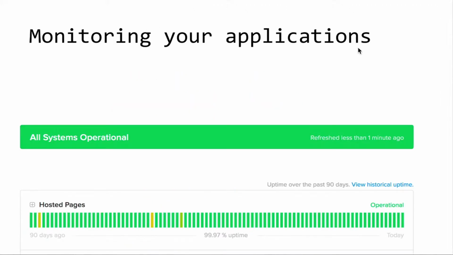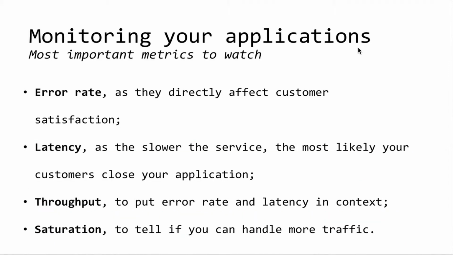The next thing, now as we have some running applications, is about monitoring. Let's start with a few metrics which are really important to watch for. The first one is error rate, because it really directly affects your customers. So if your page is just sending 500s, your customers won't buy anything.